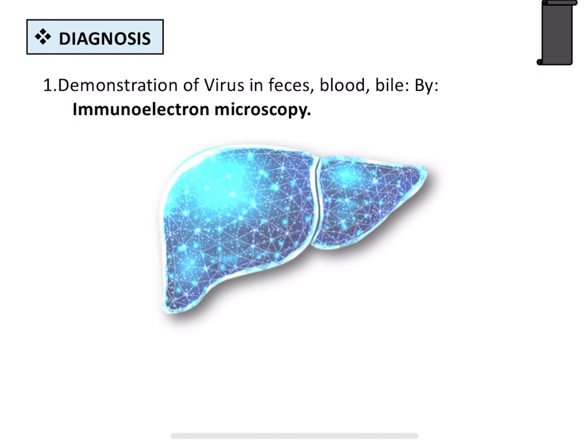The demonstration of virus in the feces: we can demonstrate the virus in the feces of an infected person, in the blood or in the bile with the help of immunoelectron microscopy.